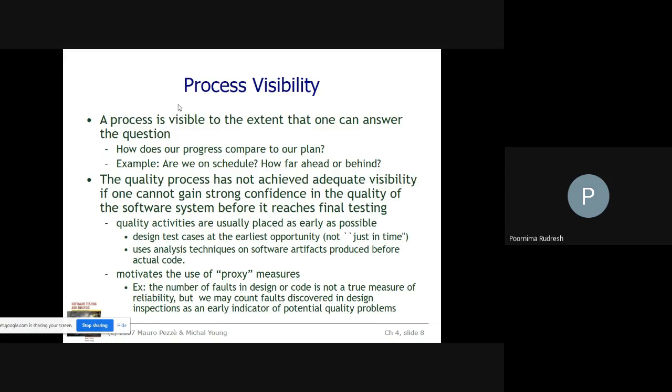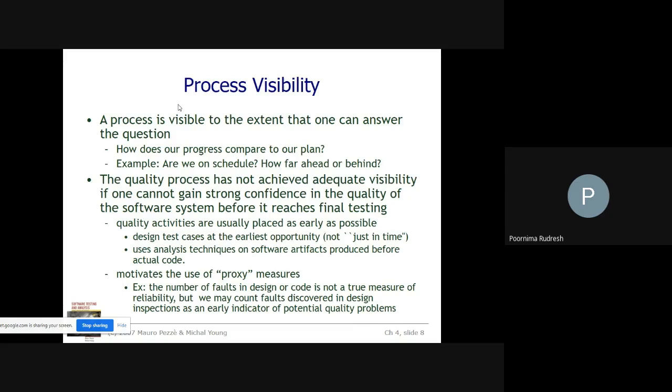Means we have to implement or follow the quality activities from the first stage of the software development. From the first stage means during the software requirement collection itself, our specification requirement itself, we have to follow the quality activities. And designing test cases at the earliest is better, it gives the earliest opportunity, because we have to define the test cases at the earliest stages itself, not at the end of the product development.